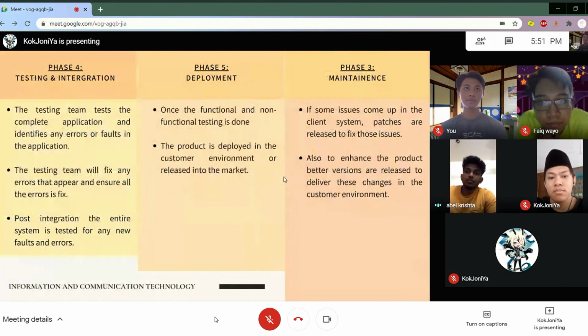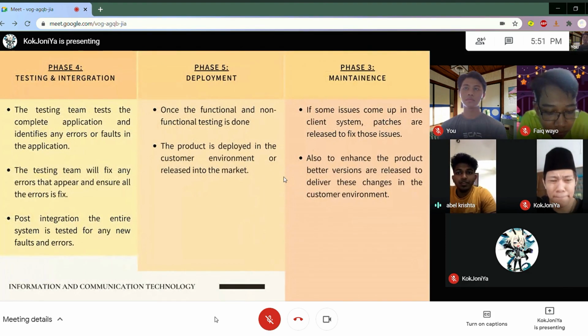Phase 4 is testing and integration. The testing team tests the complete application and identifies any errors or faults in the application. The errors that appear are fixed and the team ensures all errors are fixed. Post integration, the entire system is tested for any new faults and errors. The fifth phase is deployment.